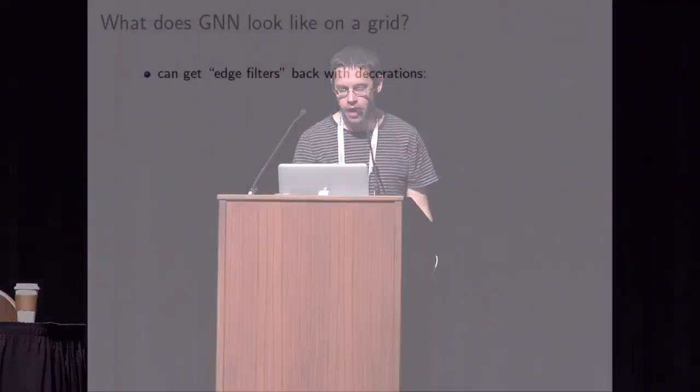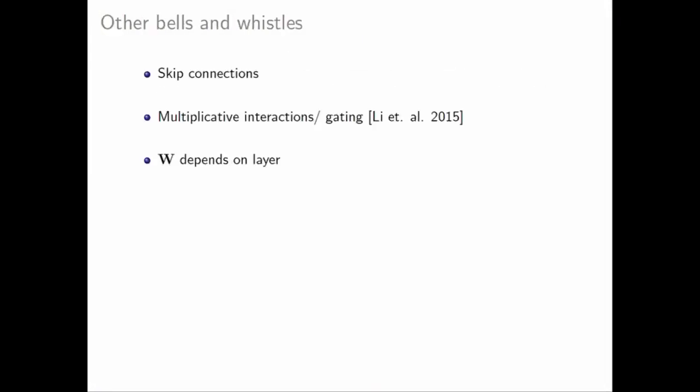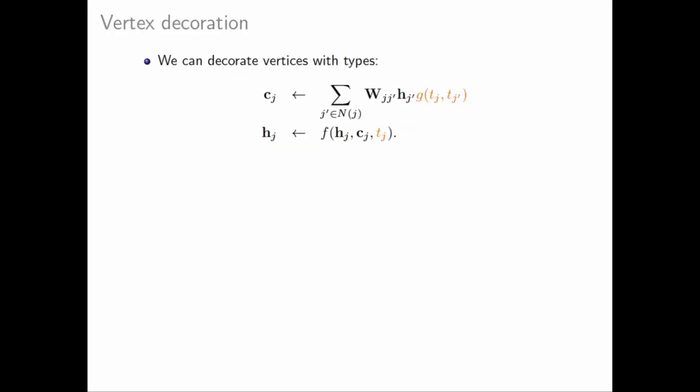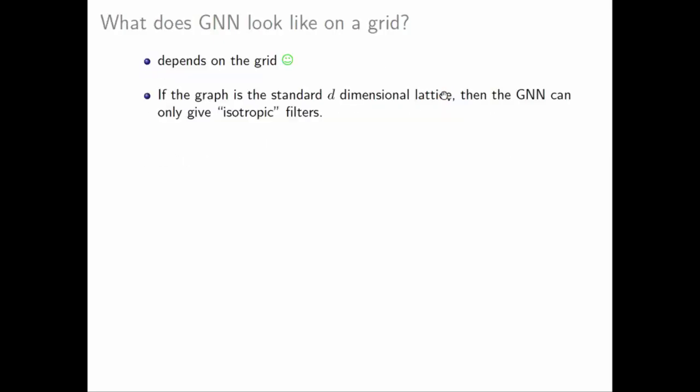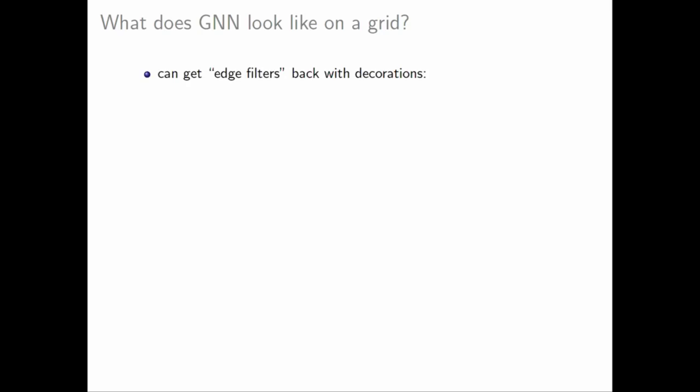The fact that you have the notion of orientation is really special on the grid, and you can't have it on a graph without adding some extra knowledge to it. But you can get edge filters back if you allow decorations. A few slides back, we talked about vertex decoration. If you do vertex decoration, that's a simple way of getting edge filters back.